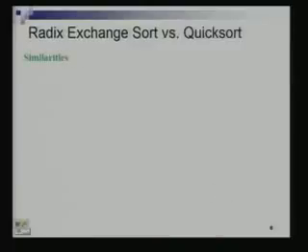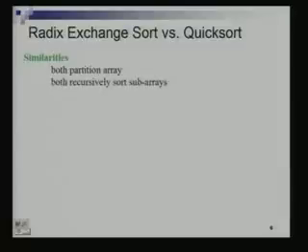Okay, now how does this compare to quicksort? Both the algorithms partition the array, both recursively sort the subarrays. So the structure is very similar. The difference is in the way we partition. In the case of radix exchange sort, we are partitioning with respect not to a pivot element, but with respect to a fixed quantity.